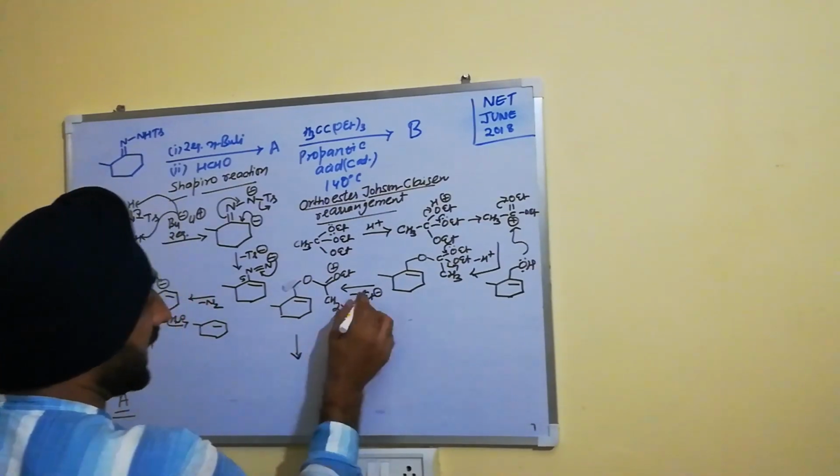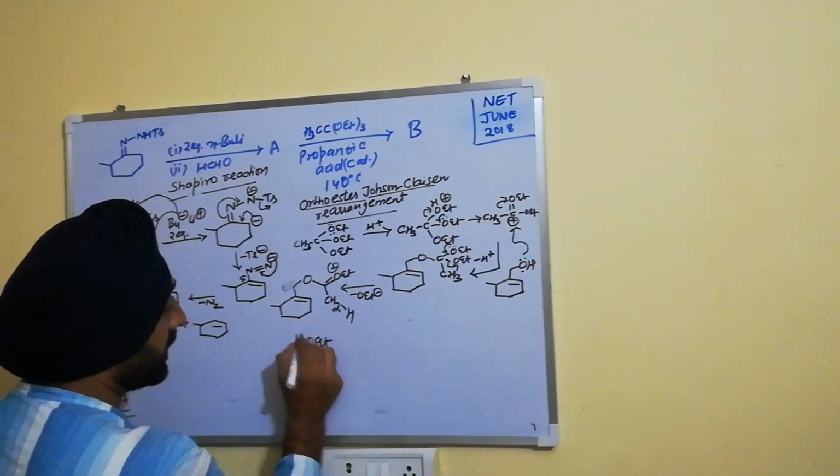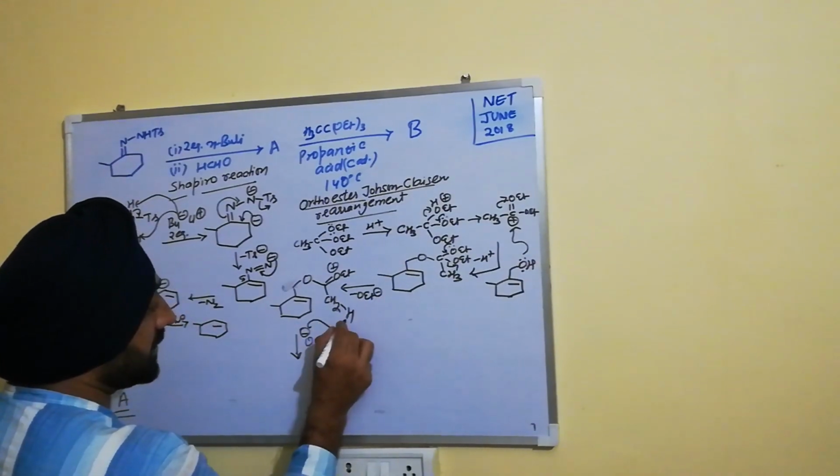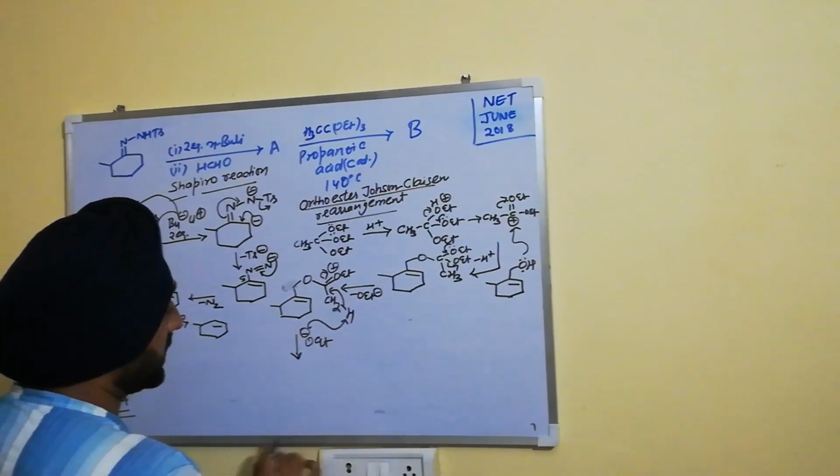Now the ethoxide ion which has been expelled from the reaction acts as a base to abstract this hydrogen. This comes back here and this positive charge is then released.